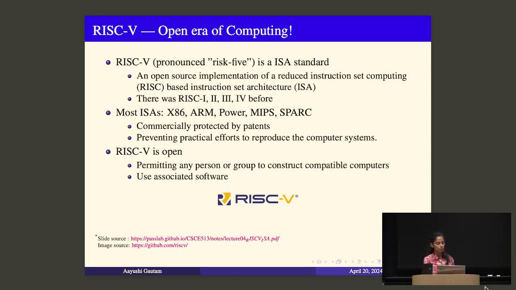RISC-V has been designed to be modular and extensible, and this modularity enables various applications and hardware platforms, and also the creation of specialized processor cores for specific tasks. Most of the ISAs like x86, ARM, SPARC are commercially patented, but this is open source, so it provides a great community and opportunity to be more creative with it.